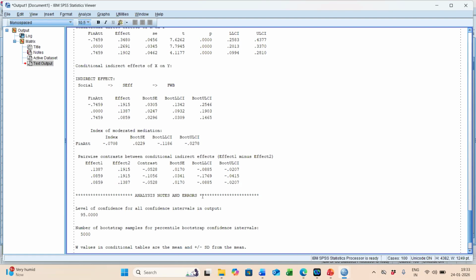If you look at the bootstrap lower level and upper level confidence, the differences are significant. We are testing whether the differences are significant. Definitely, the differences are significant. That means the second moderation is more serious than the first one.